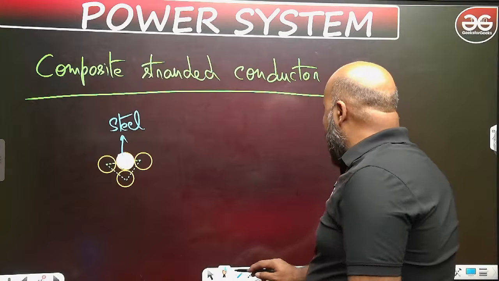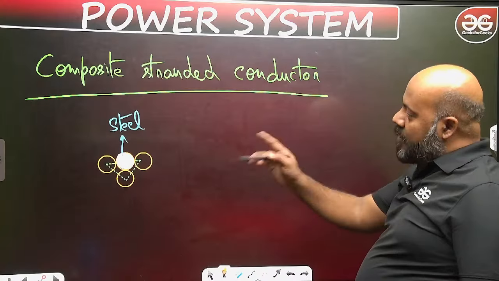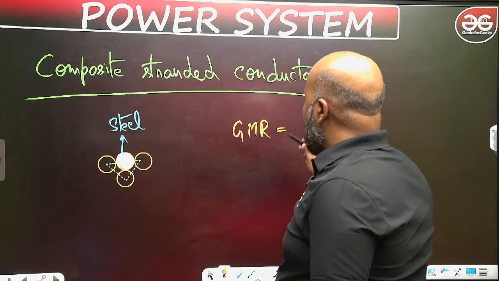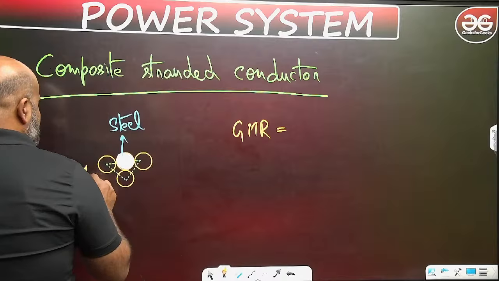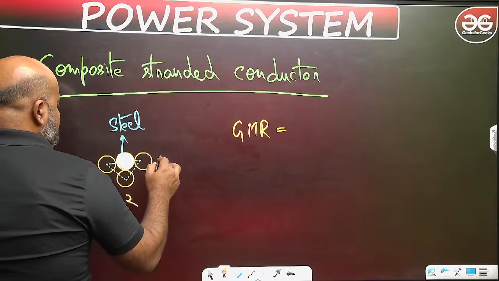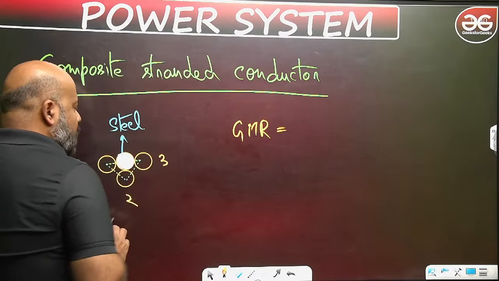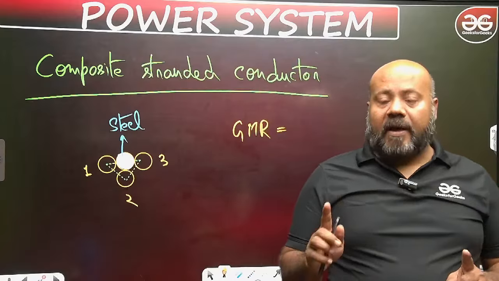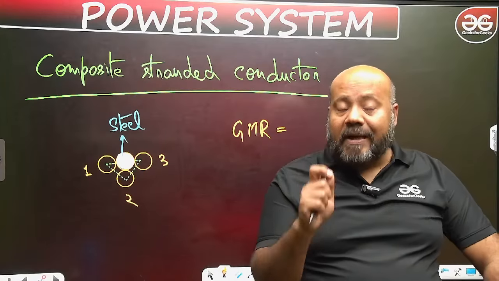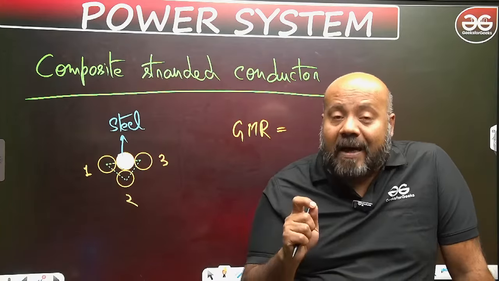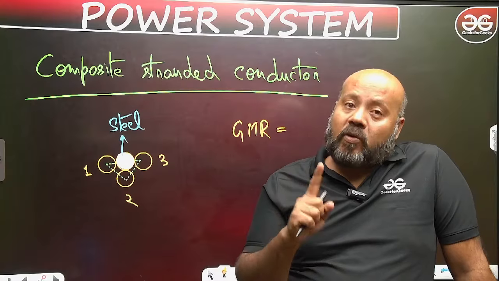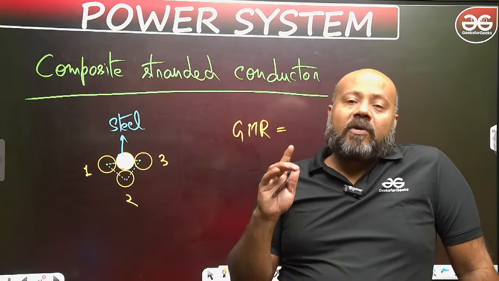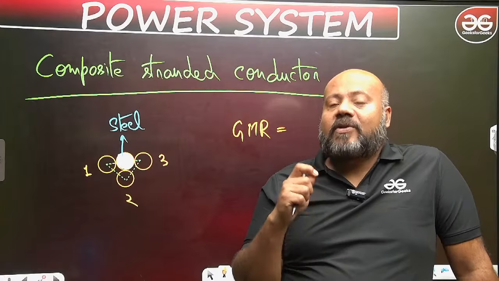Now when you calculate the GMR for this particular conductor, how are you calculating? Suppose this is conductor number 1, this is conductor number 2, this is conductor number 3, and this is conductor number 4. Whenever steel strands are there, while computing the GMR, we will not account for those strands which are made of steel, because steel strands are not going to carry the current.